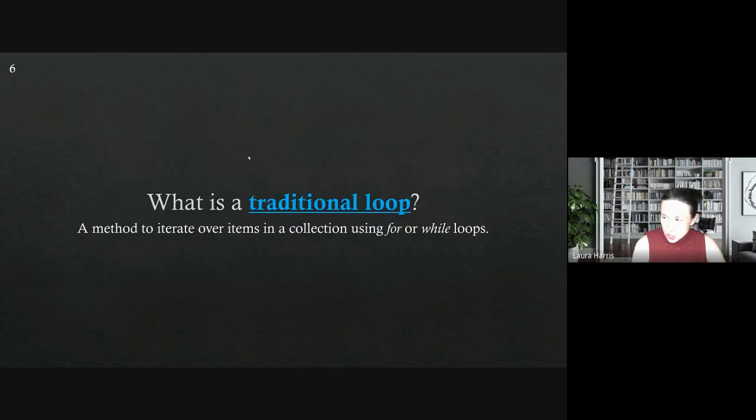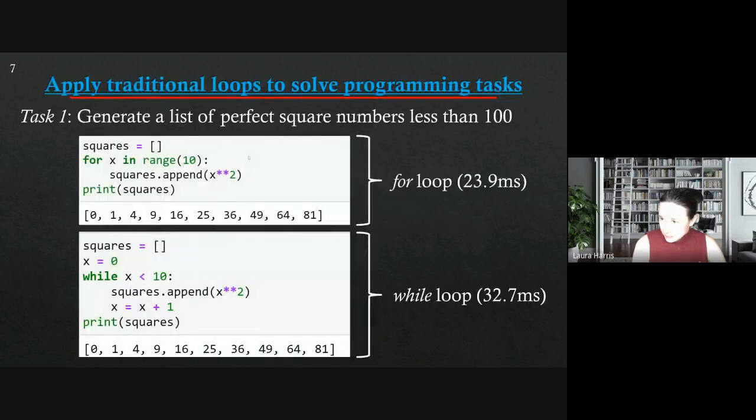So what is a traditional loop? Well, a traditional loop is a method to iterate over items in a collection using for or while loops. So going back to our original task, using a for loop, I can define squares as an empty list and then say for the variable x in range 10.